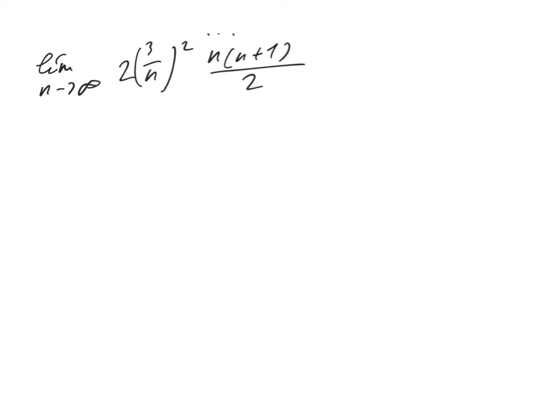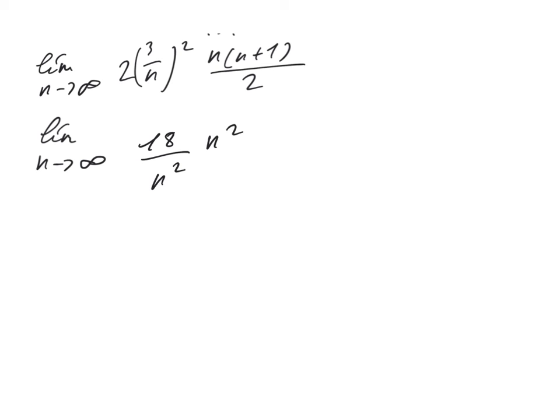And now we can just multiply this out to make it a bit simpler. So we can start with the 3 over n squared, which just becomes 3 squared is 9 over n squared, and 2 times 9 is 18. So we have 18 over n squared, and then we can multiply out the n in the second part.